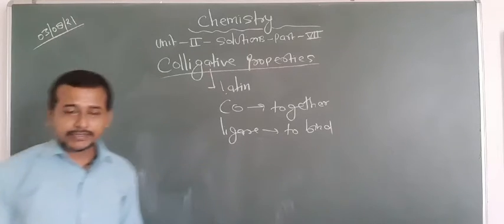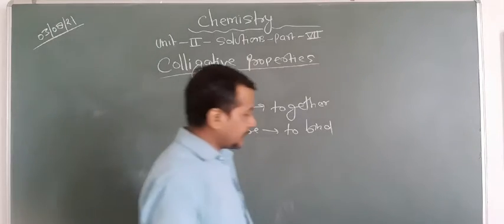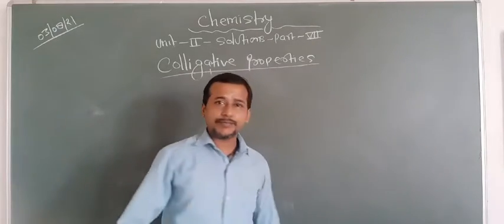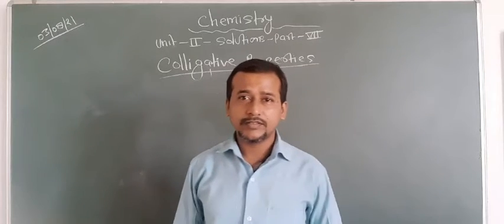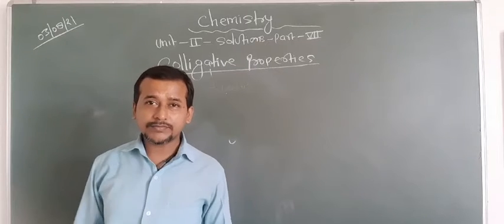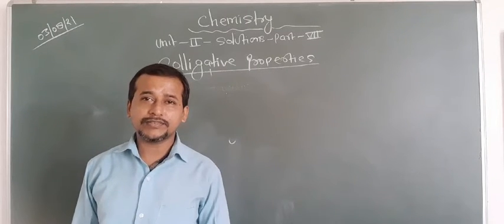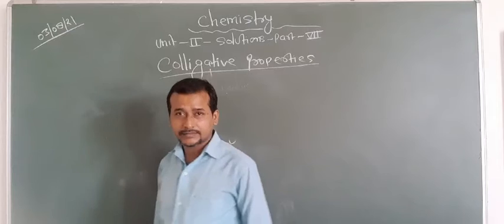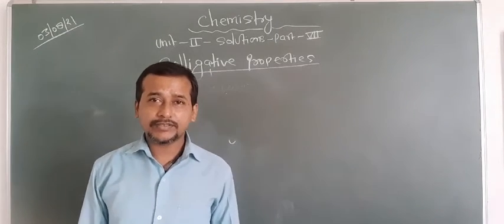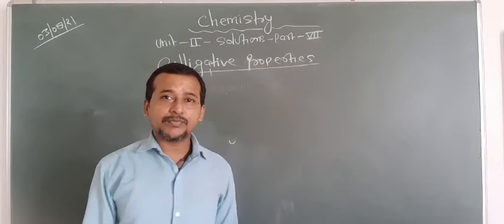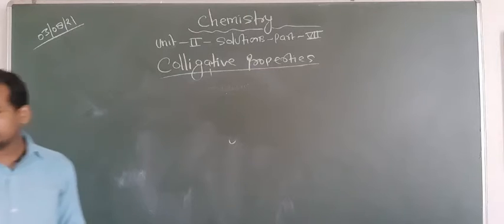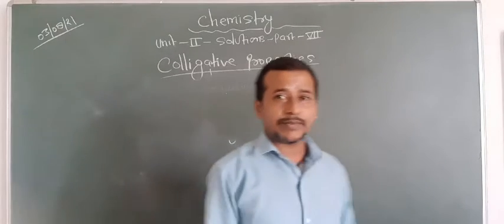Now let us define the colligative property. Colligative properties are those properties which depend upon the amount or concentration of solute particles, or the ratio of solute to solvent, that is, the ratio of the number of solute particles to the number of solvent particles.